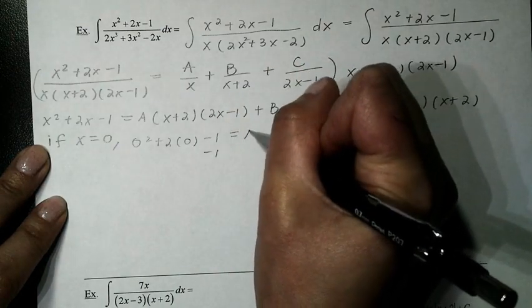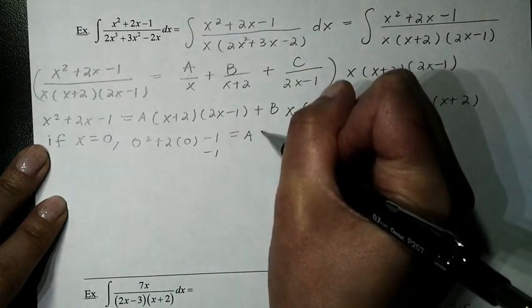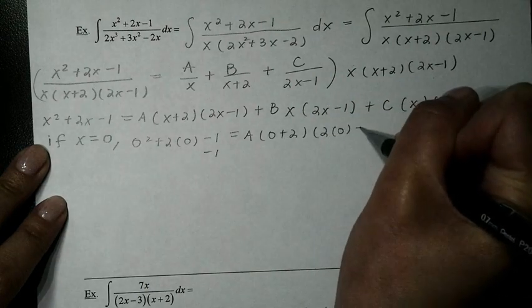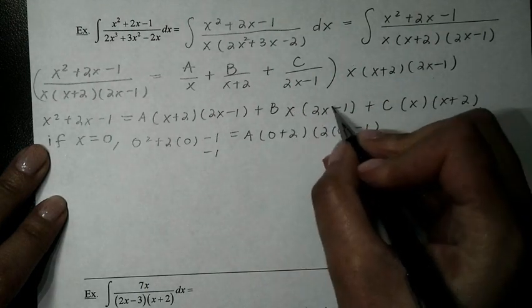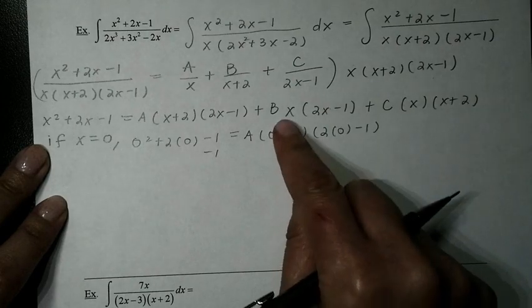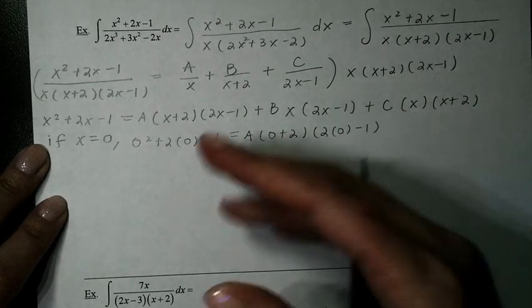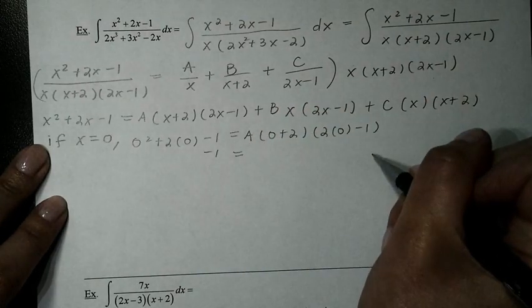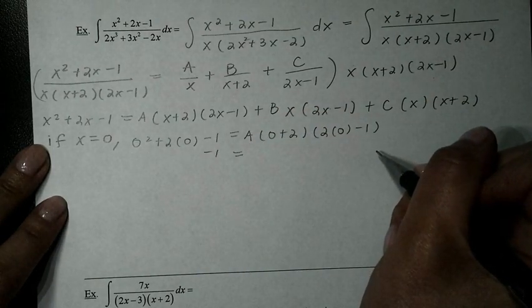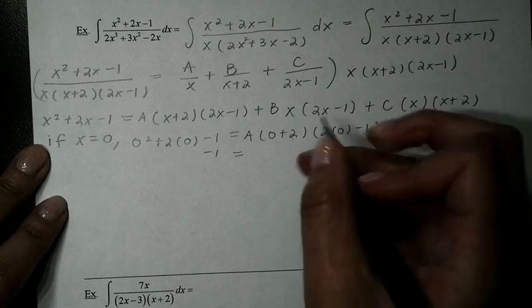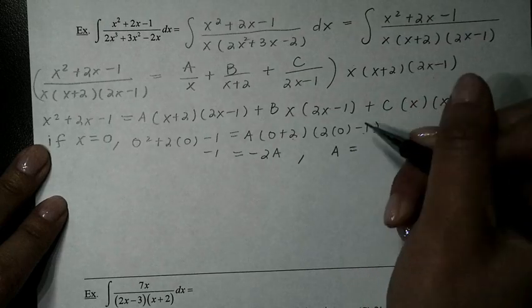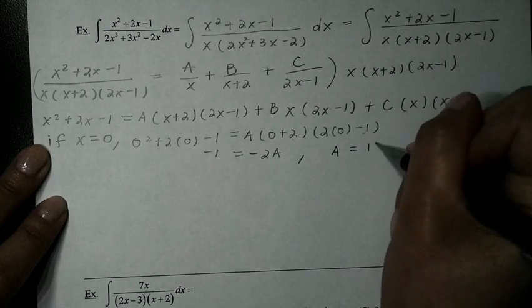And then you have a times 0 plus 2, 2 times 0 minus 1, and the other terms go to 0 because you have the 0 there, so I don't even write them. So negative 1 is equal to, this is 2, this is negative 1, so negative 2a. Therefore, a is equal to 1/2.